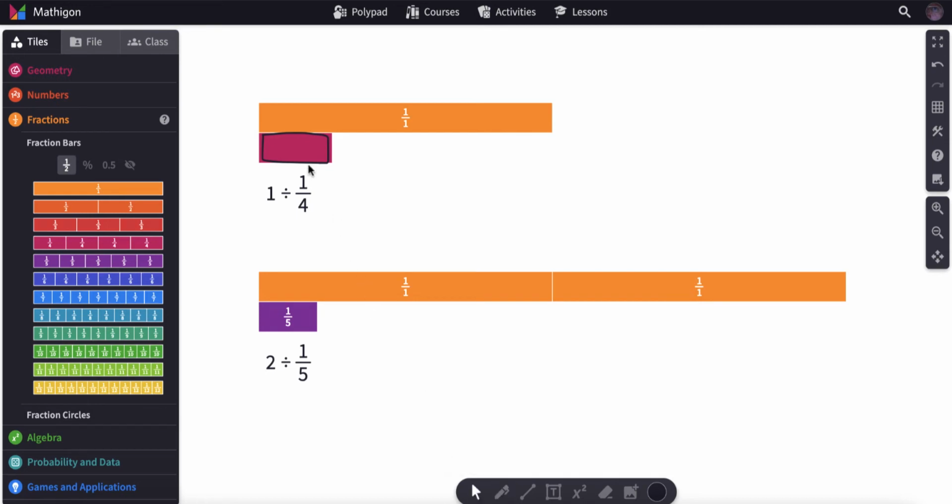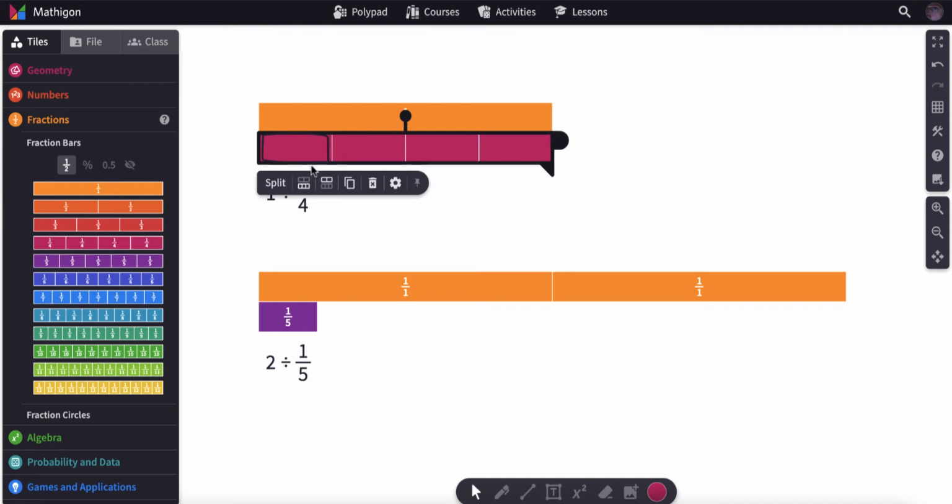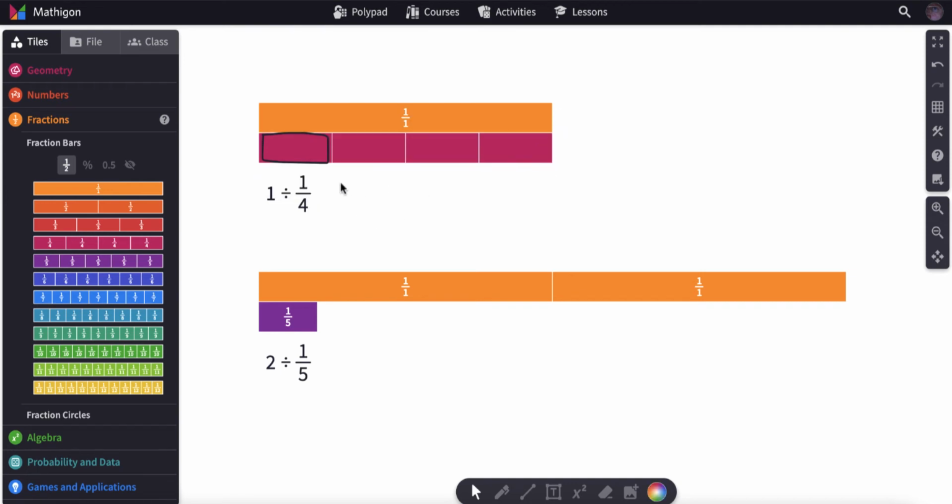We can do that relatively easily here and see that you can fit 4 of those pieces in the one whole unit. That's relatively straightforward. We're going to leave it at that for now and come back to these questions to look at how it fits into the division algorithm once we've got the answers for all these questions.